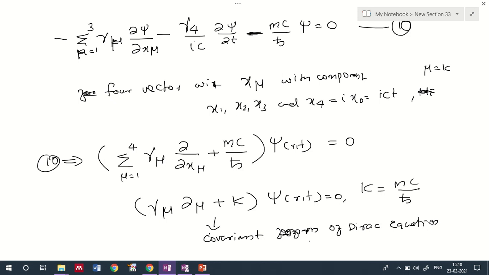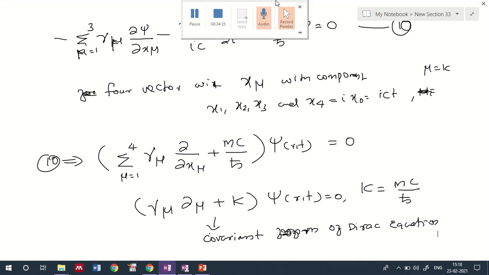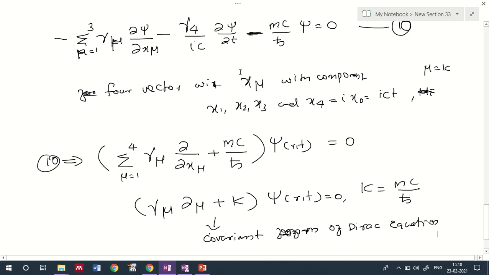Then we substituted the same in the equation. With that equation we are able to identify the covariant form of the Dirac equation as gamma mu dou mu plus k psi of r t equal to 0, where k equal to mc by h cross. Okay, that's all about this lecture. We'll have more about the Dirac equation in the coming lectures.